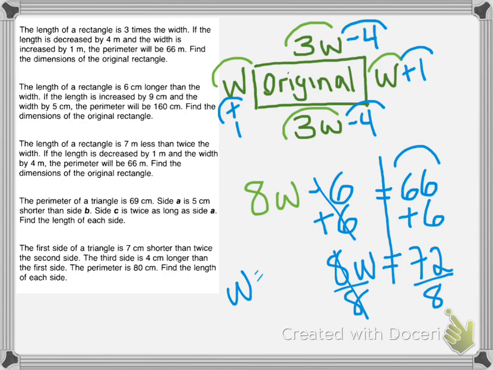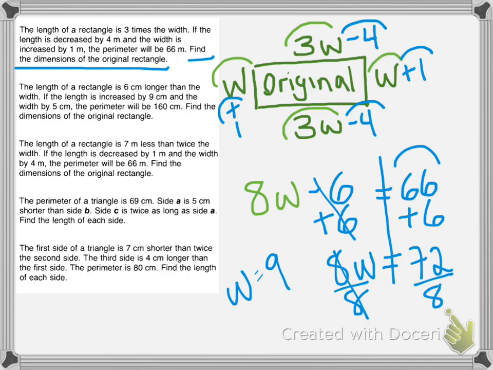Now you might ask yourself, what was I supposed to be doing here? Well, look back at the original question. Find the dimensions of the original. They can ask you to do all kinds of crazy stuff, but they're asking for the dimensions, hence they want length and width, and in this case, I only have the W, so I do have to figure out what would be the length. That's an easy one.